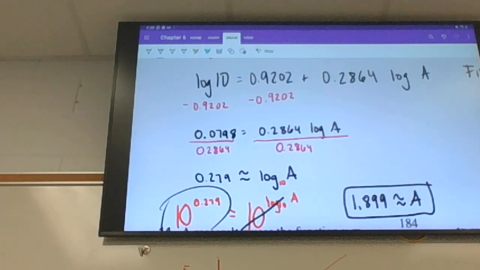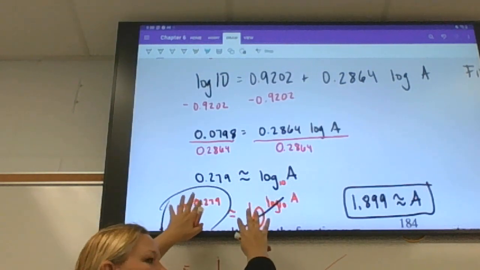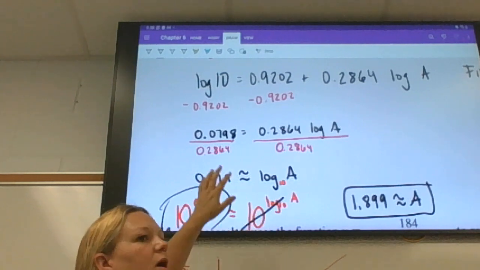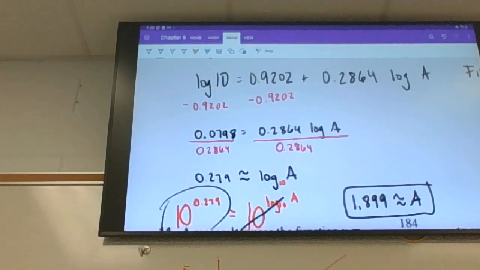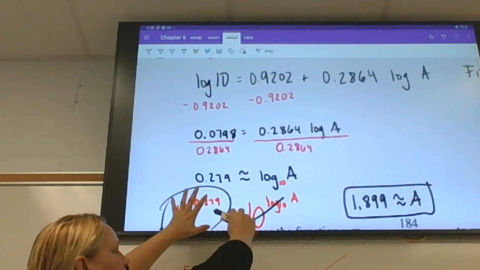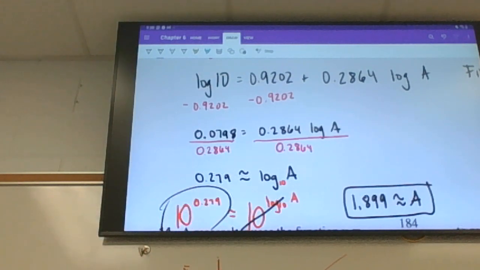We did a problem like this yesterday. This is, first off, this problem started with a log, and this problem doesn't. Now we're actually utilizing this skill to help us solve this.